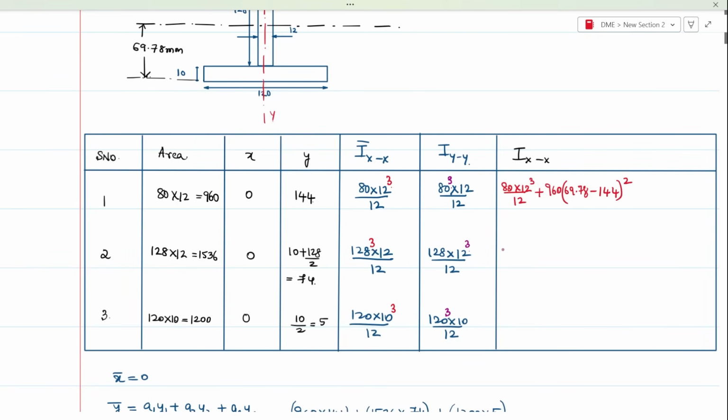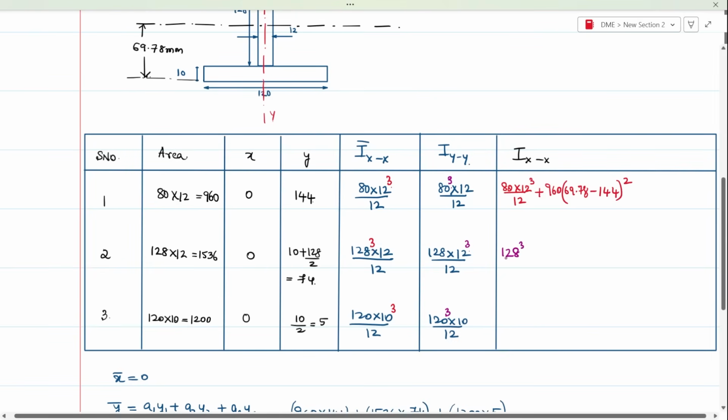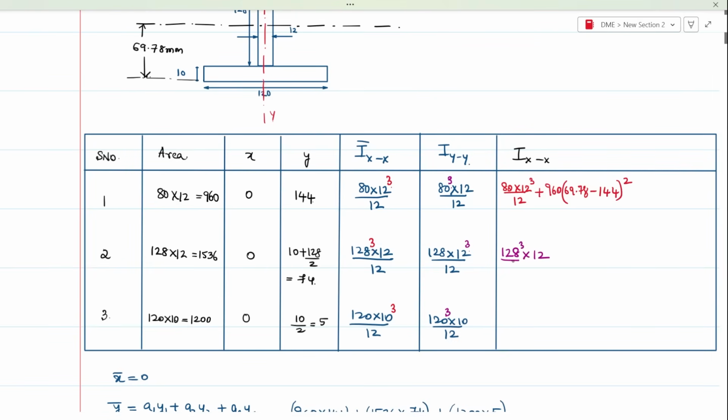Area number 2 centroidal moment of inertia is 128 into 12 cube divided by 12 plus area is 1536 into y bar, which is 69.78 minus y, which is 74, whole square. Next, for area number 3, it would be Ixx bar, that is 120 into 10 cube divided by 12, plus area would be 1200 into 69.78 minus y, which is 5, whole square.